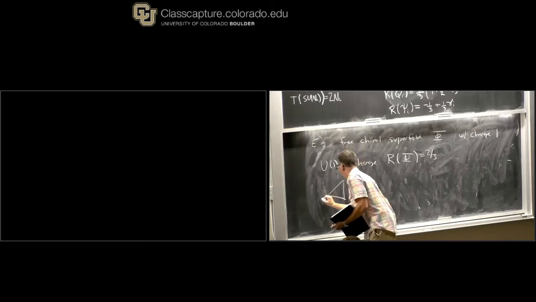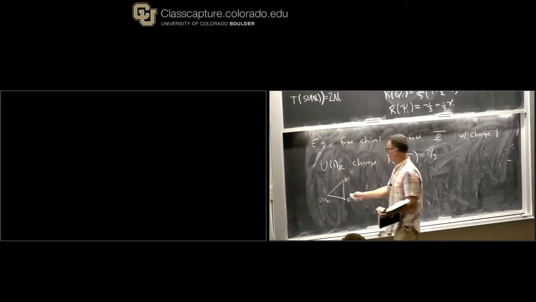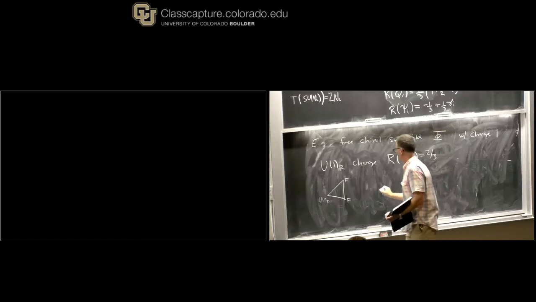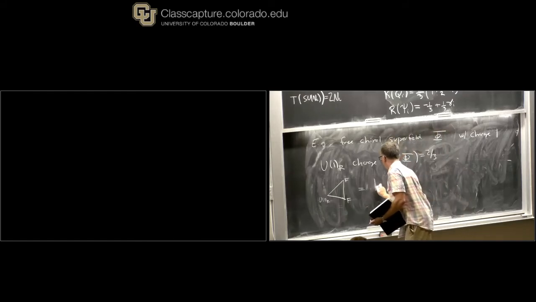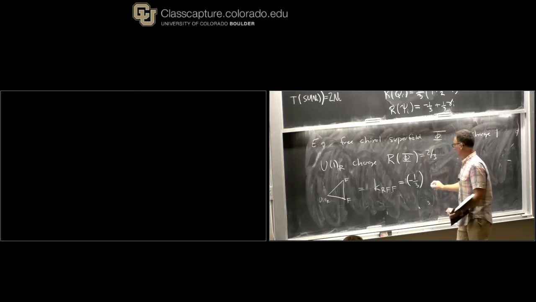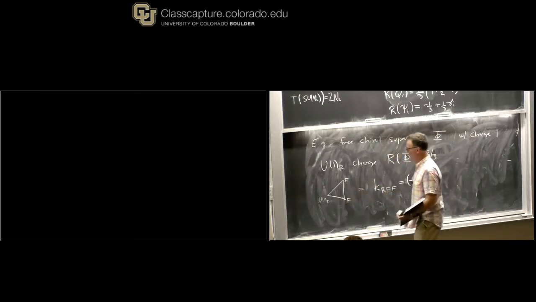for the 't Hooft anomaly with the R current, the flavor current, and the flavor current, there's the fermion component that runs in the loop. It has R charge, so this is K_RFF, and we get a factor of minus 1/3 because we subtract 1 from here, and each one of these flavor pieces gives us 1.